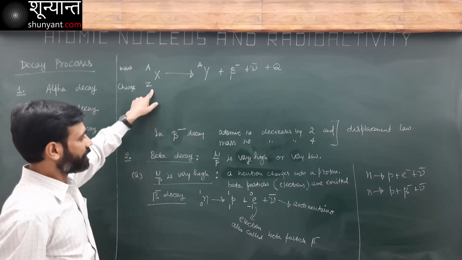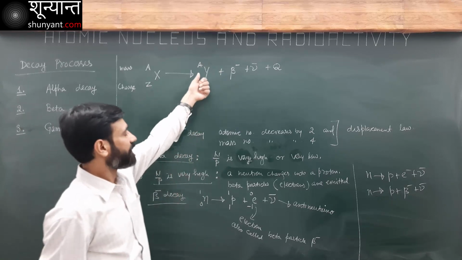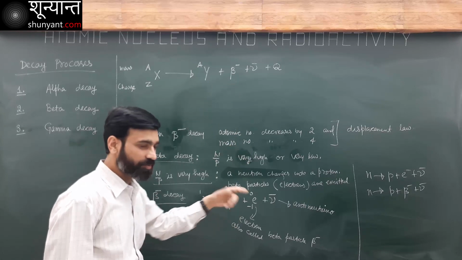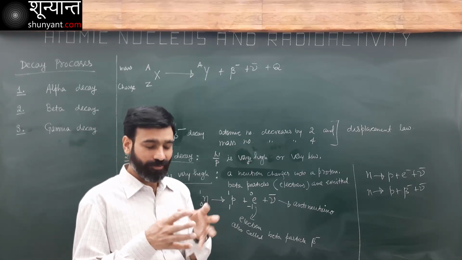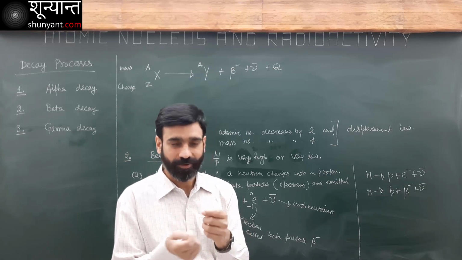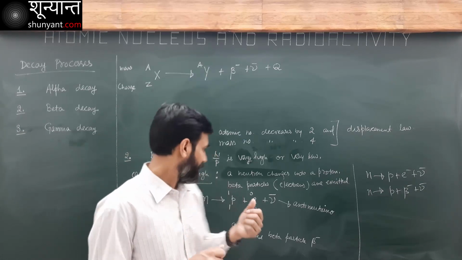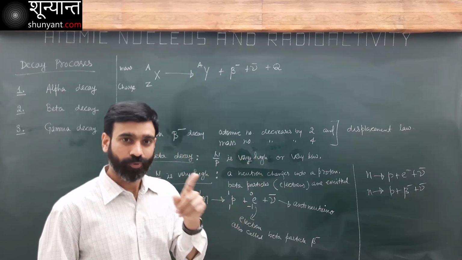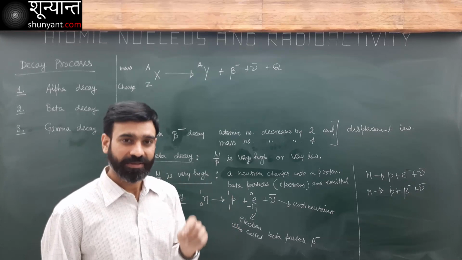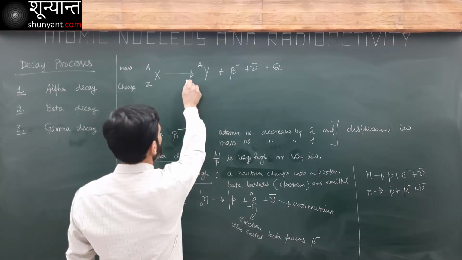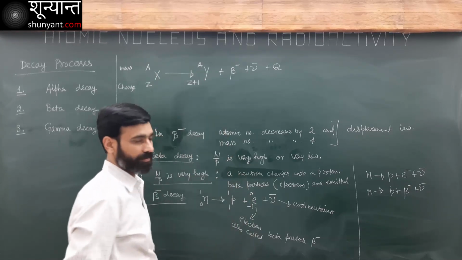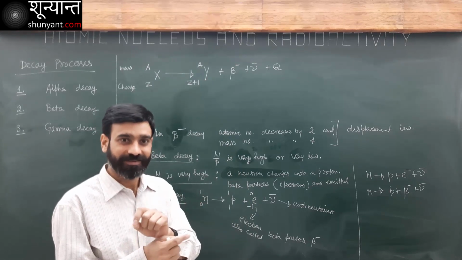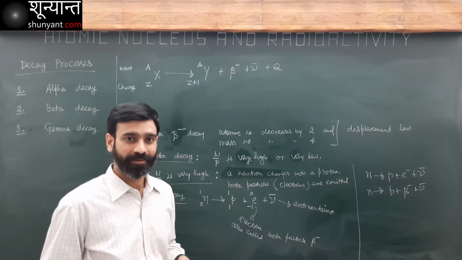A neutron becomes a proton. In a nucleus I have some number of neutrons and some number of protons. Proton number increases, that means atomic number increases, it becomes Z plus 1. Atomic number increases, but the number of neutrons plus protons remains the same.